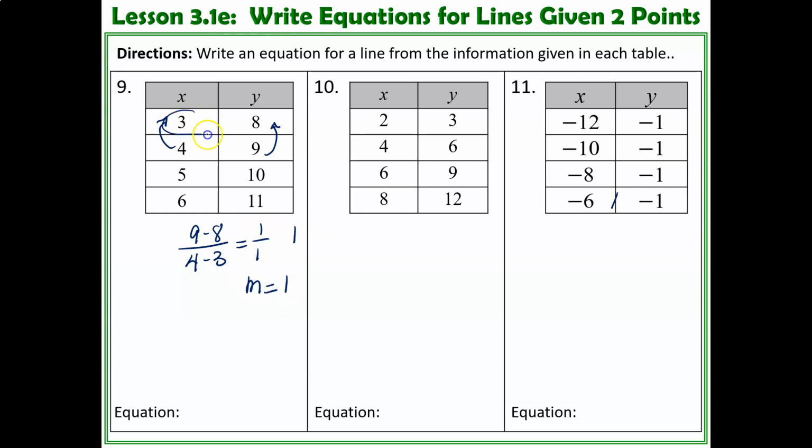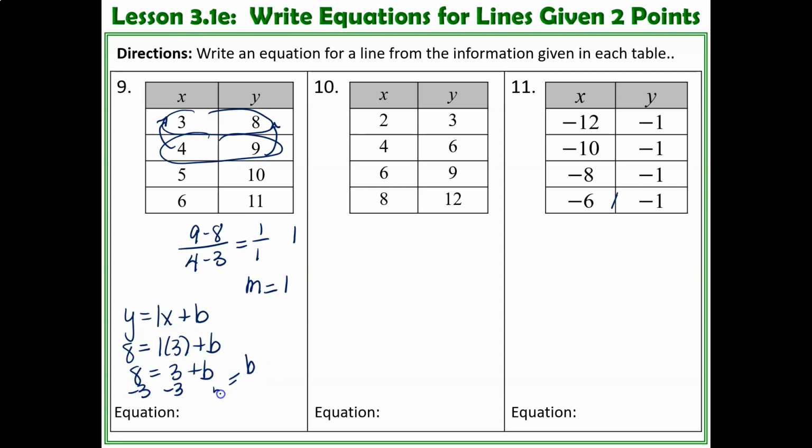Now remember, these are points, so you can pick any of them to substitute into the equation. I'm going to take 3 and 8. So I'm going to plug in 8 for y, and then 3 for x. Now I'm going to subtract that 3 from both sides. So b is 5. So we have y equals x plus 5.